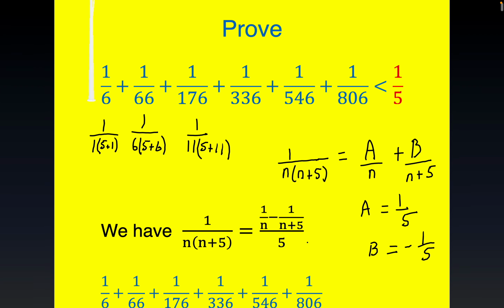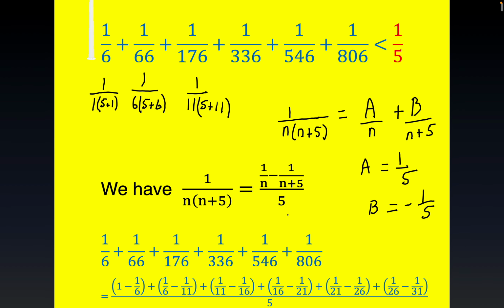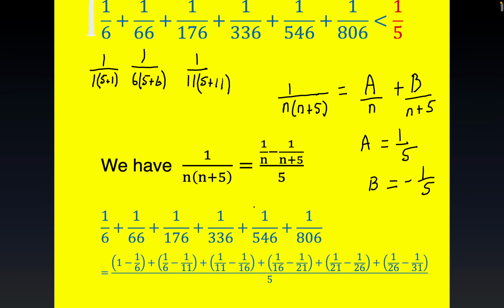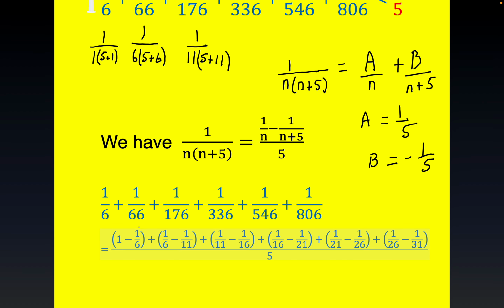All right, notice the minus sign right here. So all of a sudden we can rewrite this in this very cool way. This is our original expression. We're trying to show it's less than 1/5, right? And so you move along, and you see how we have this cancellation going on right here. All of these terms in the middle, pairwise, cancel out, all the way until all you have is the positive 1 that's a survivor, and then minus 1 over 31 that's a survivor.